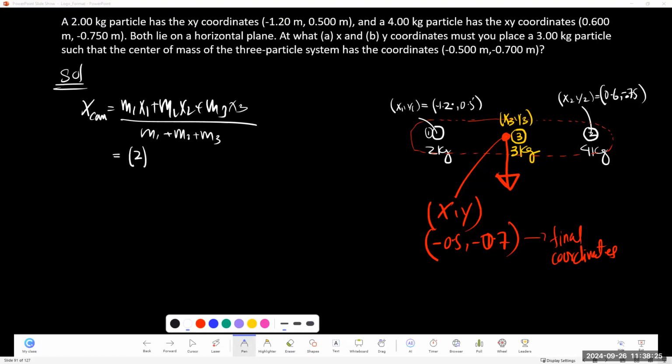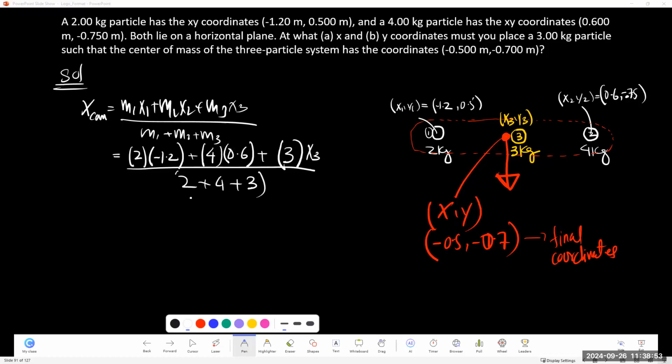What is x1? x1 is right here, minus 1.2, plus 4, and the x coordinate of the 4 kilogram object is 1.6, given in the problem, plus 3, but the third quantity is not given, so I'll call it x3, divided by 2 plus 4 plus 3.